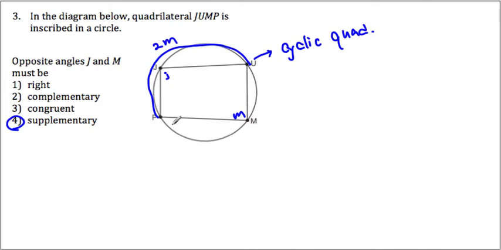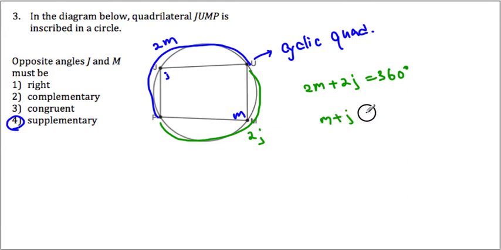Since this is j, its intercepted arc from here to here would have been 2j. But you can see that these two add up to 360. So in fact, 2m plus 2j has to be equal to 360. When you divide the whole thing by 2, we realize m plus j must be equal to 180 degrees. In other words, these two must be supplementary.